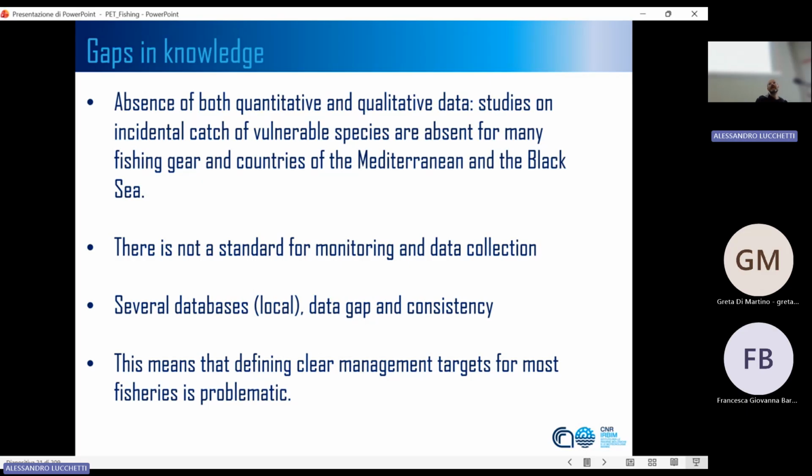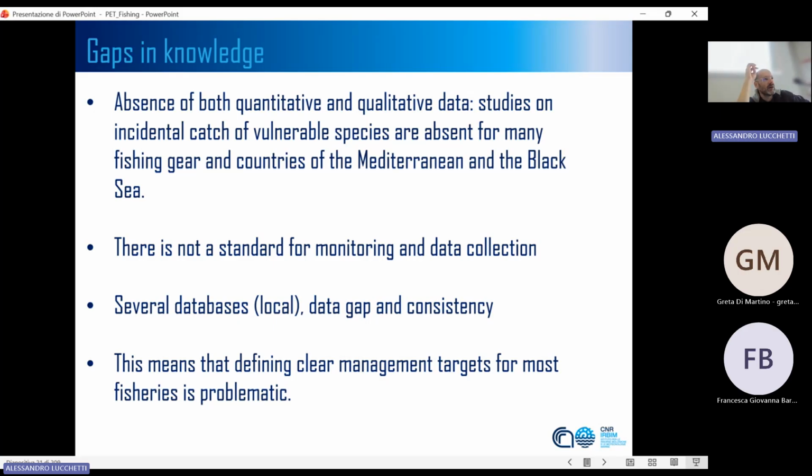There are some NGOs that usually collect data, let's say, on the seabirds that they find stranded on the beach. And they say, oh, there is a big problem because we saw these seabirds with a net in the mouth, therefore for sure they died from fishing activity. The problem with this type of data is that it is not standardized and they only consider the positive cases.